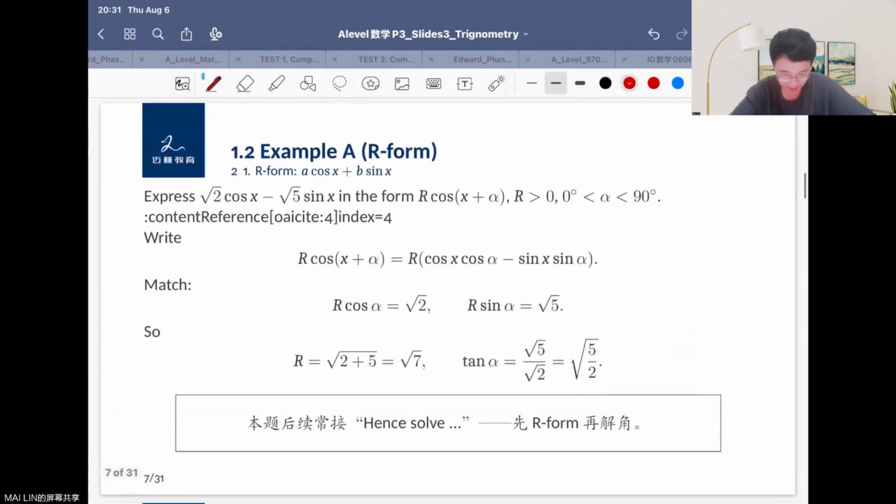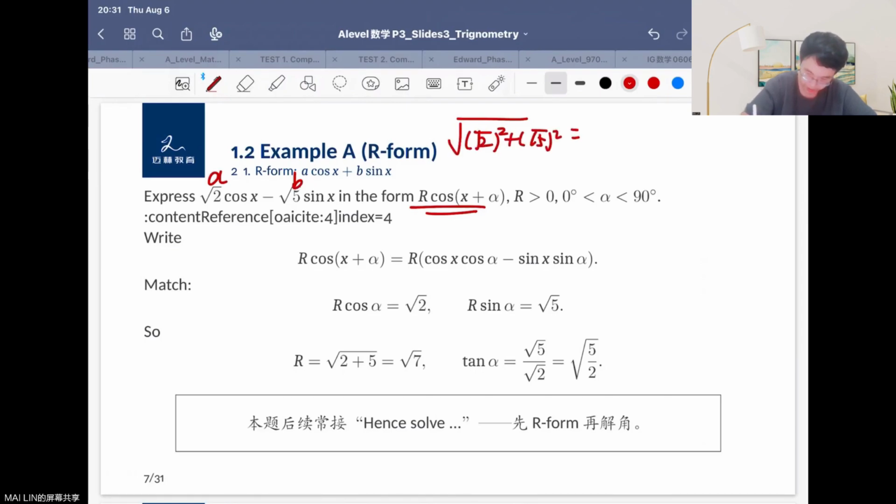We also have an example: if we want to write an expression as R times cosine of x plus alpha, we first extract the square root of a squared plus b squared. Here, this is a and this is b, so we consider the square root of 2 squared plus square root 5 squared, which is the square root of 7. We put out the square root of 7, and it becomes square root 2 over 7 cosine x minus square root 5 over 7 sine x.